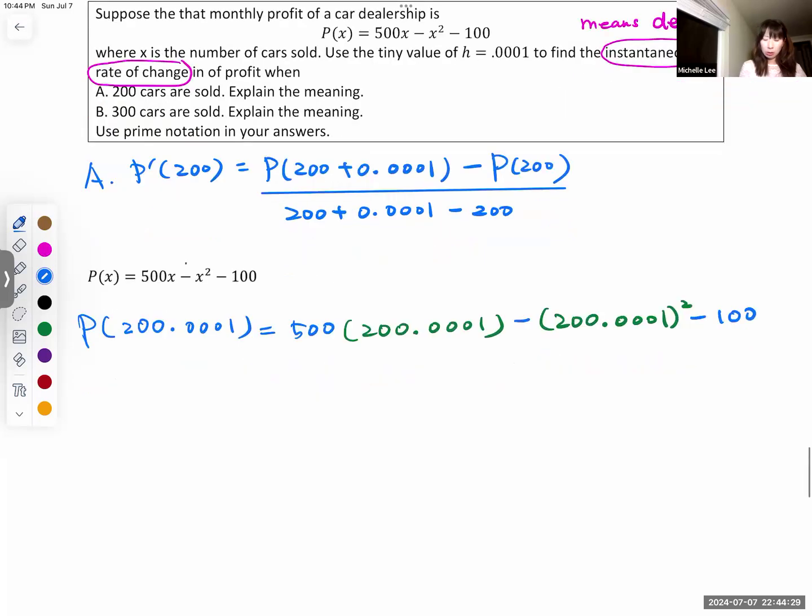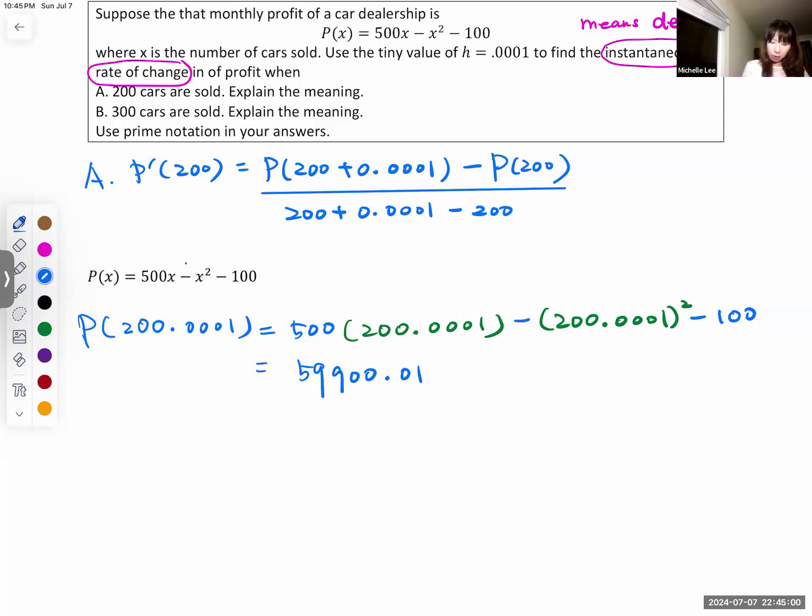Okay, so if we calculate this one, we get 59,900.01.